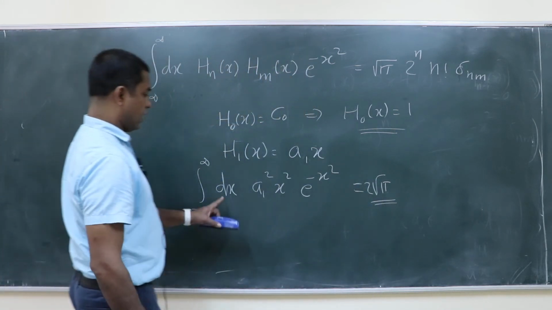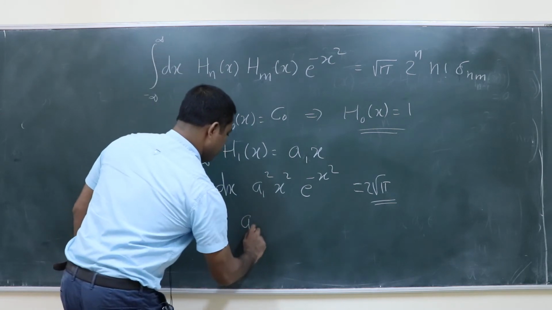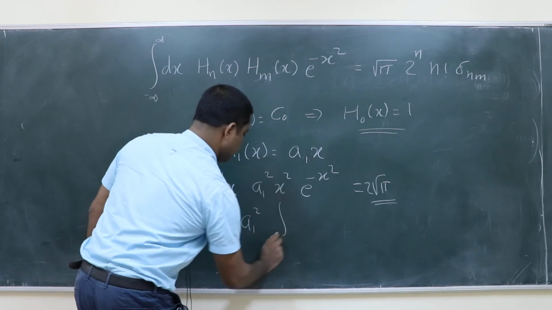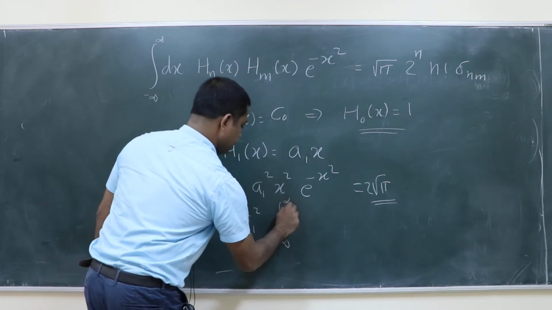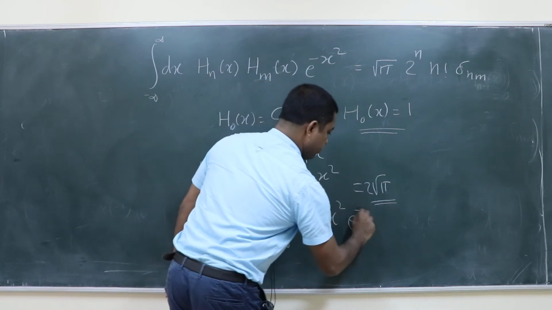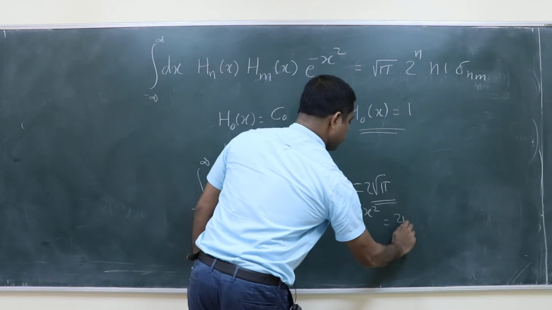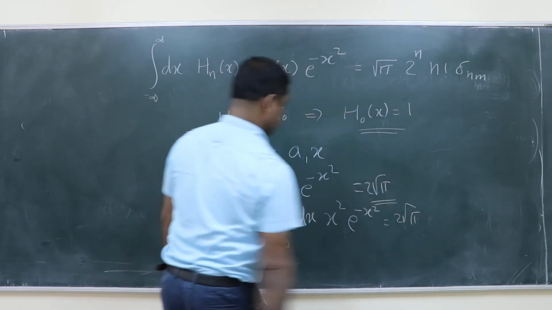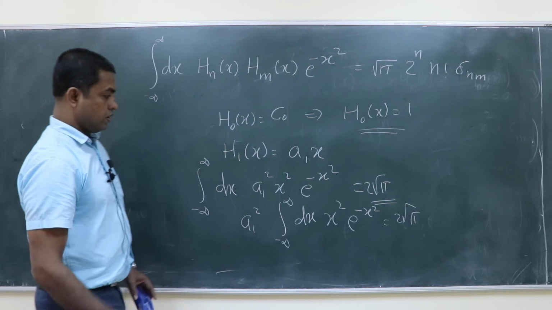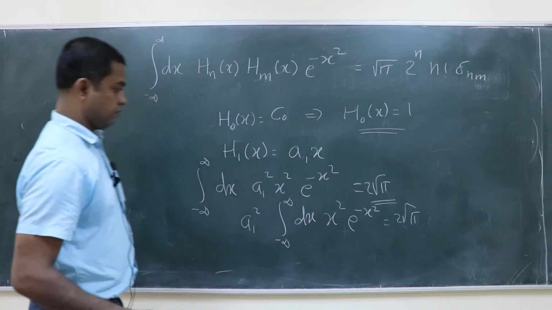So now you have to calculate the integral. Basically this is equal to a1 square times the integral from minus infinity to infinity dx x square e to the power minus x square, which is equal to 2 root pi. So now you have to calculate the integral dx x square e to the power minus x square.